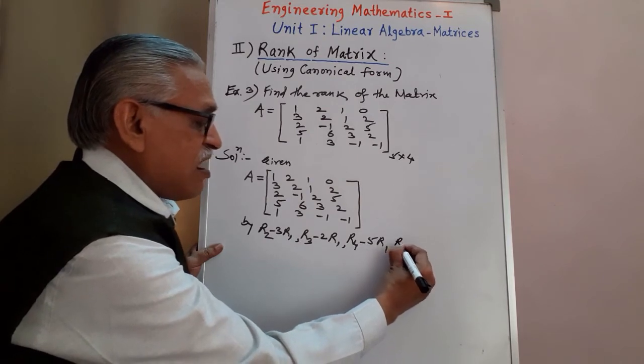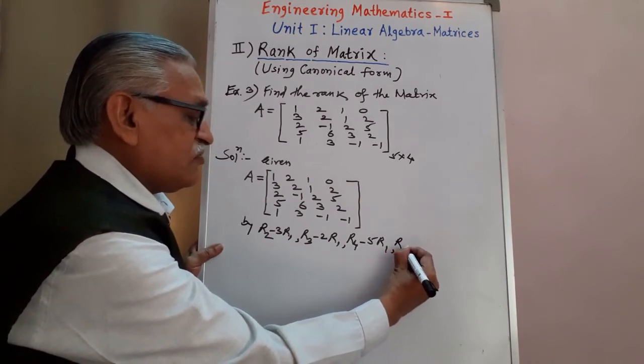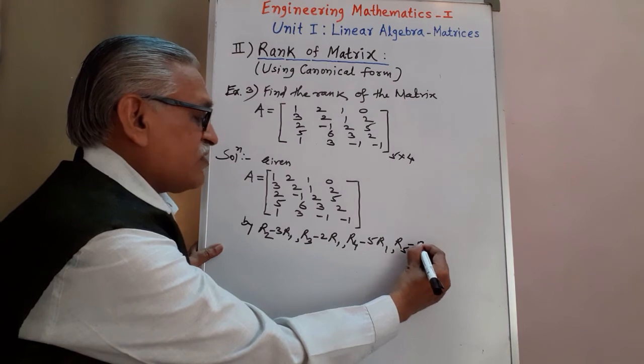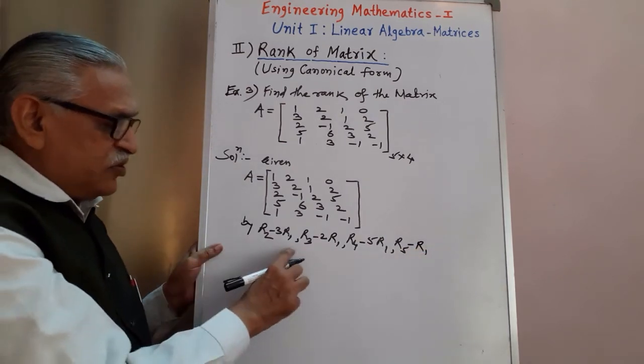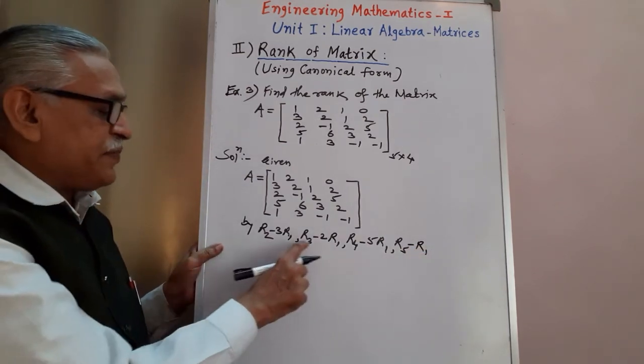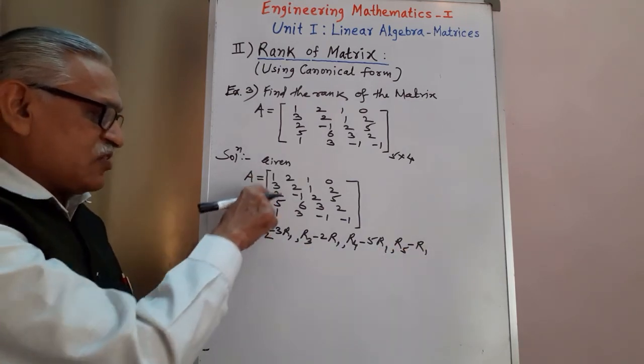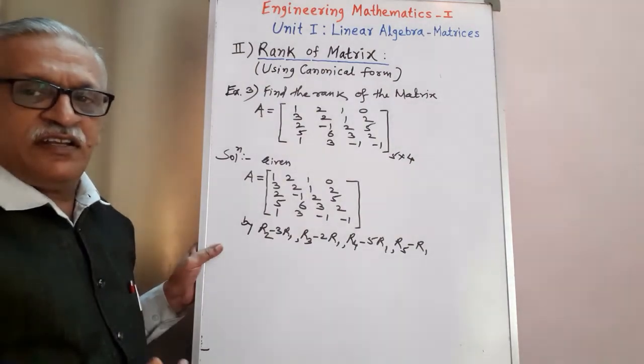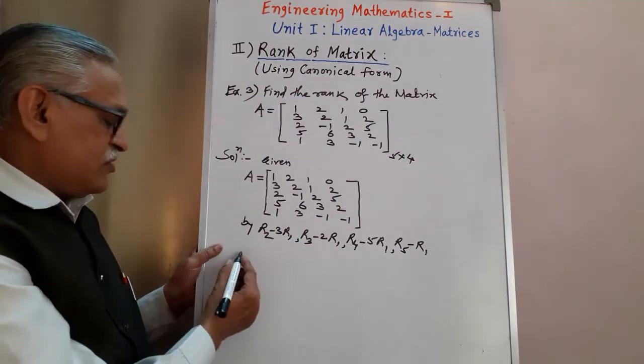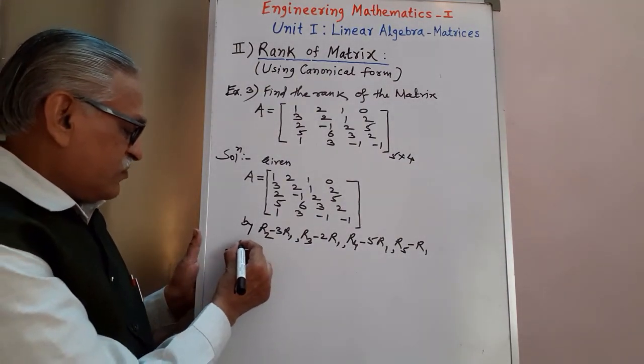It is R5 minus R1. No need to perform a separate step for all this. We can convert all to 0 in a single step.